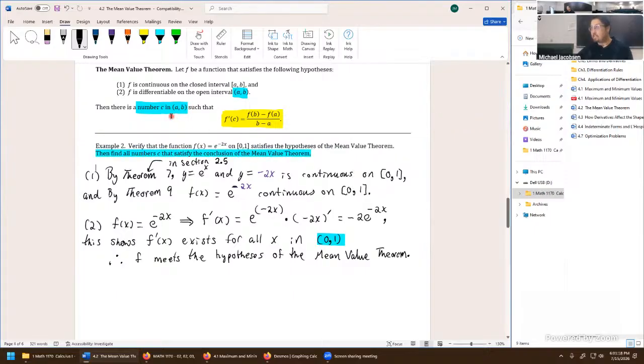So now we're at this part. C must be between 0 and 1. It doesn't hurt to say it once right here. C is in 0, 1, so now we have a reminder. Those are the only plausible values. And the conclusion of the mean value theorem is C satisfies that whole equation there. Well, the mean value theorem guarantees existence. Now we have to find it.